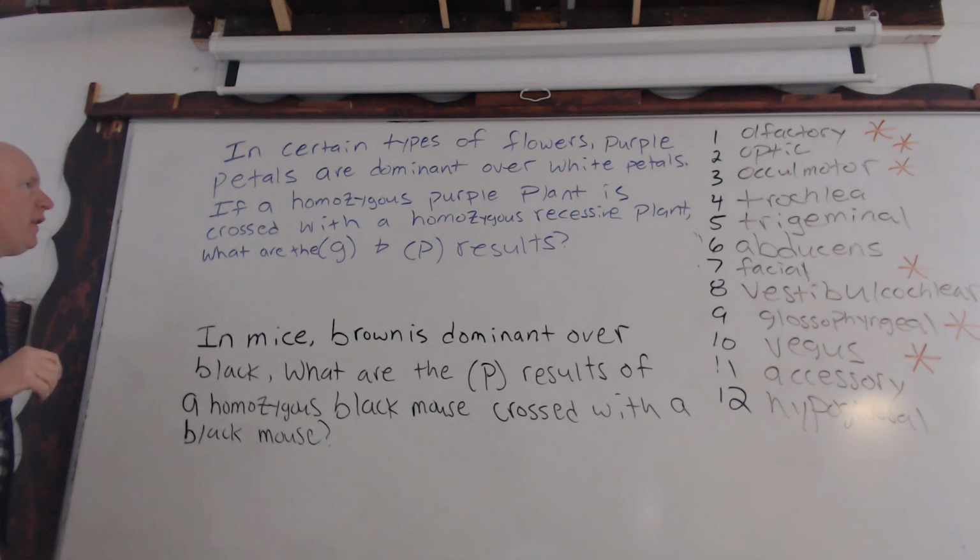All right, so I'll go ahead and read this problem for you. In certain types of flowers, purple petals are dominant over white petals. Okay, so we have a complete dominant cross where one trait is going to express over the recessive trait in this case, because there will be examples where we do what's called codominant crosses and incomplete dominant crosses.